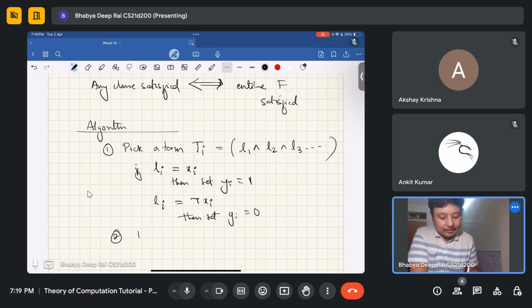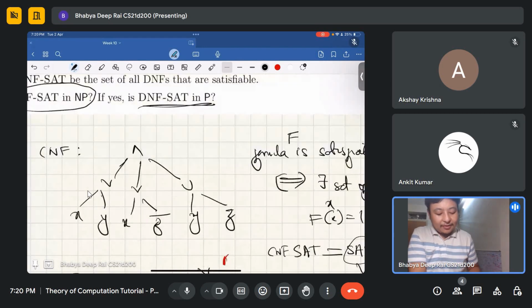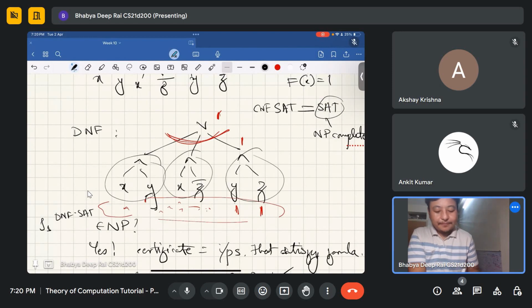Then my y1, y2 and so on till yn satisfies f. This is not entirely correct, but what the logic was here is, I want to satisfy any of these terms.